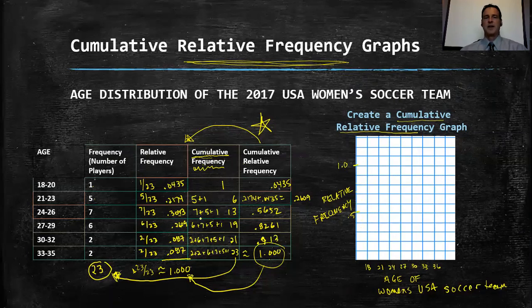Now remember, when I have 18 to 21, this goes to 18 to 20. 21 is a boundary. So any values of 21 that would exist would fall into the right-hand side here. It's not going to fall into the left-hand side.